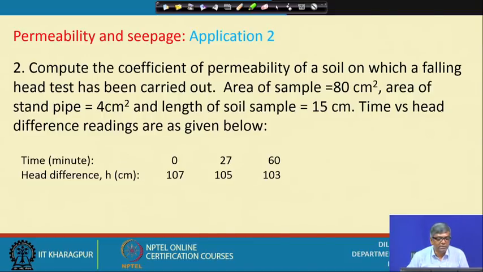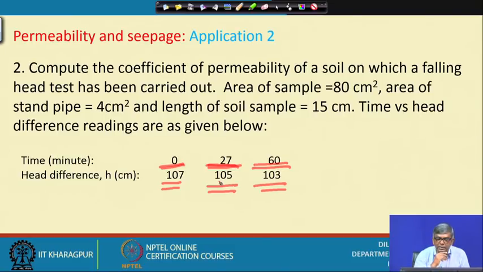Time versus head difference readings are as given below. At time 0 head was 107, after 27 minutes head was 105, after 60 minutes it is 103. These are the readings taken.